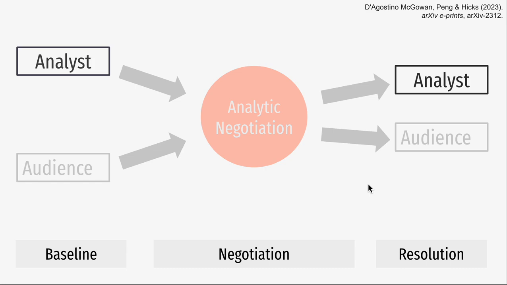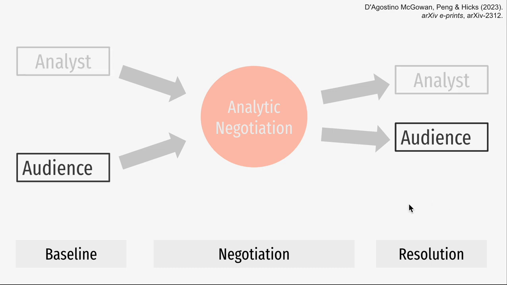Then focusing on the analyst through this process, how they change. At post-negotiation, they might change that allocation based on their conversation with the audience, and we can define that like this. Likewise, we could define a parameter for the audience's change. The audience's change from baseline to resolution might be defined here as theta.